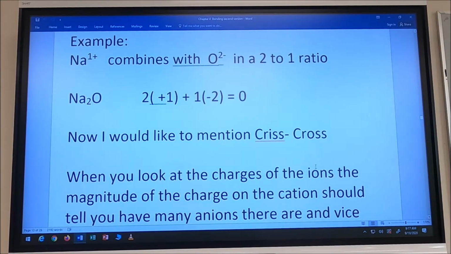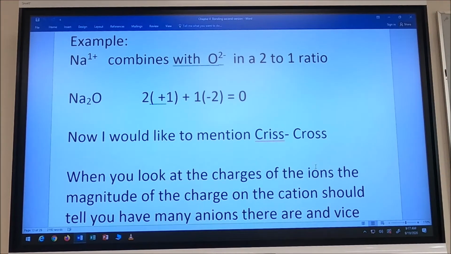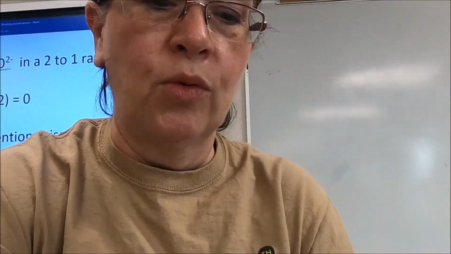As an example, if a sodium ion combines with an oxide ion in a 2-to-1 ratio, then it's going to take 2 sodiums to every 1 oxygen. This we refer to as crisscross. Now, let's play with things for a little bit. I'm going to do a little board work.